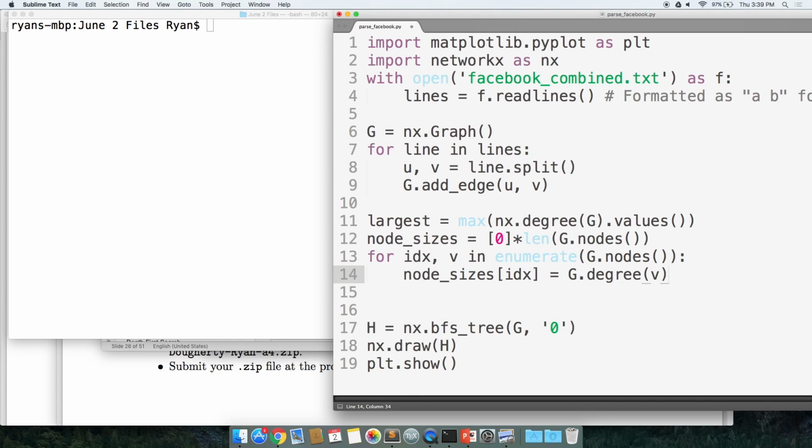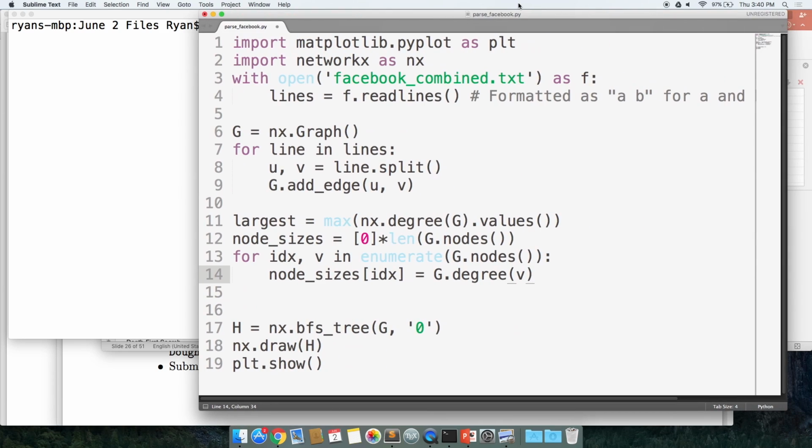I actually don't like how inconsistent NetworkX is sometimes, because you're basically calling the library function here, but when I want the degree of one vertex, I call the instance function. I hate how it's inconsistent like this, but anyway, g.degree of v will return the degree of this particular vertex v. And then I normalize by the largest one.